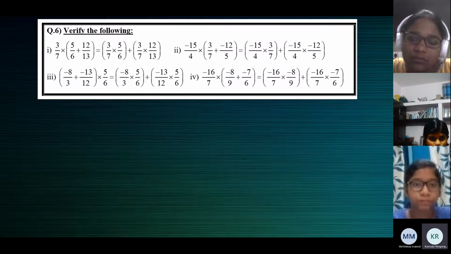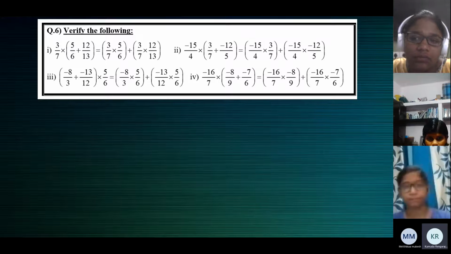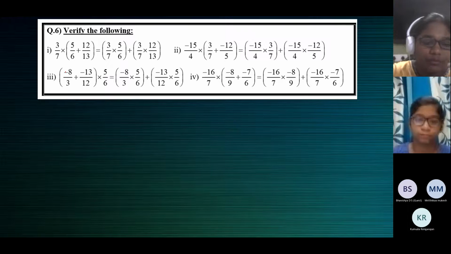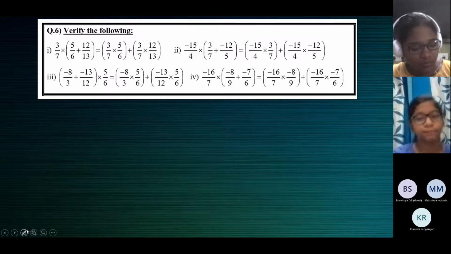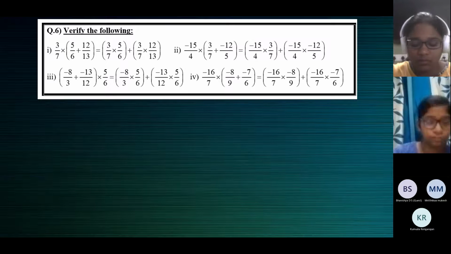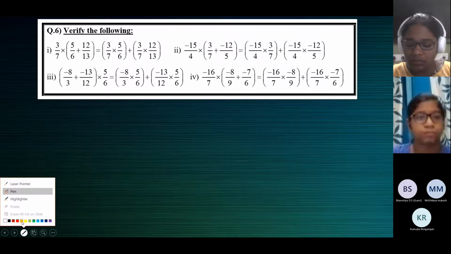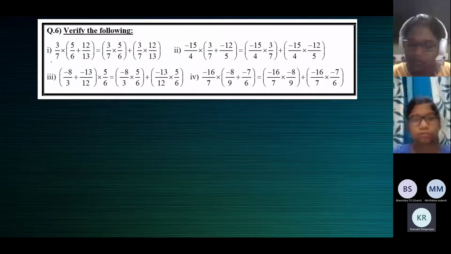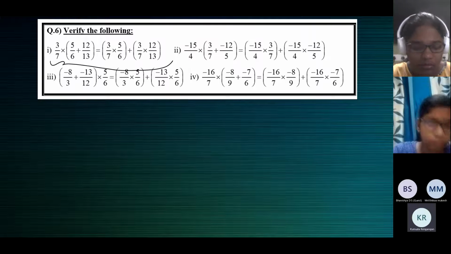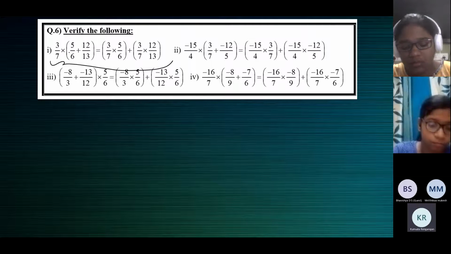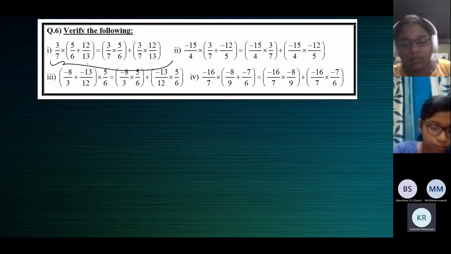So let's try the second one in this, or maybe we'll do the first one. The second one can be a test. See the first one. So here, this one: 3 by 7 into 5 by 6 plus 12 by 13.